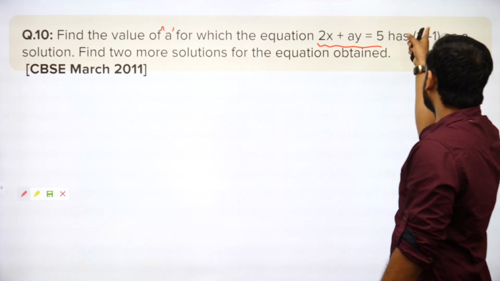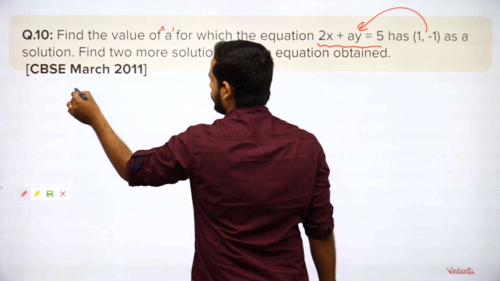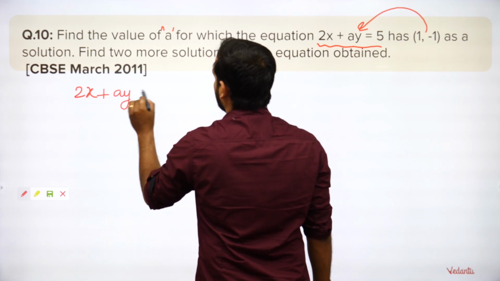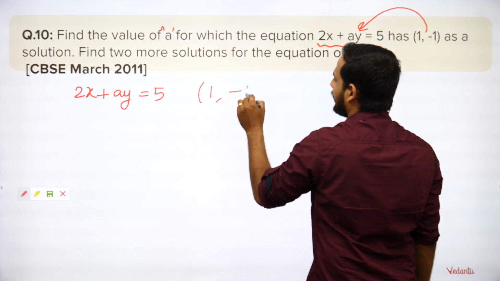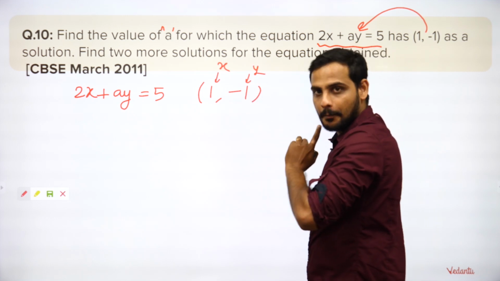If it is a solution, it should satisfy this equation. Yes or no? Correct? So let us solve it. We have 2x plus ay is equal to 5, and we put the point (1, minus 1). That means x is equal to 1, y is equal to minus 1.